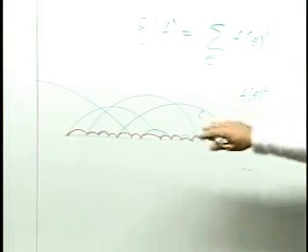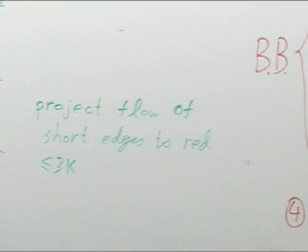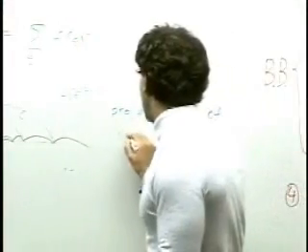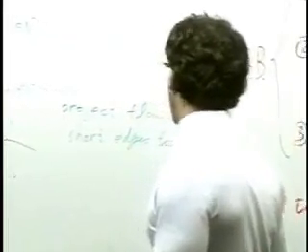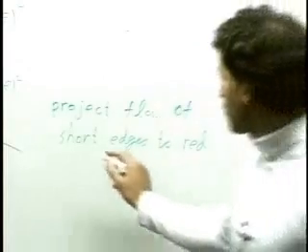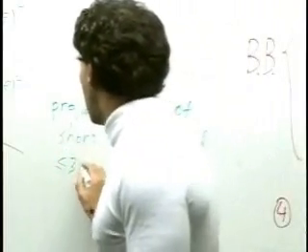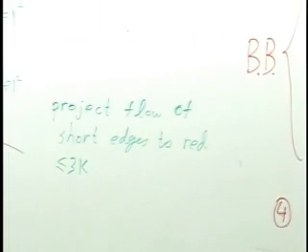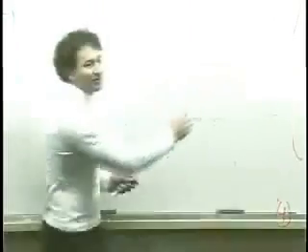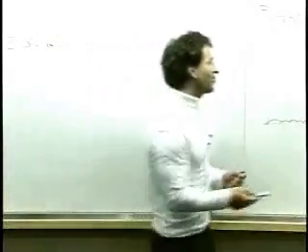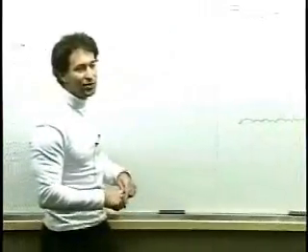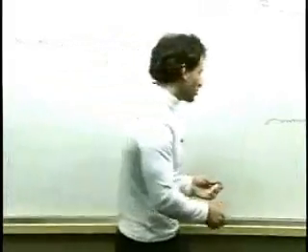So I only project the flow of short edges to the red ones. Short means that they have length at most 3k red arcs, and then I do this projection. Now each of the long edges is going to be projected onto a bounded number of the red ones, so its contribution to the energy is not going to grow by more than a constant.